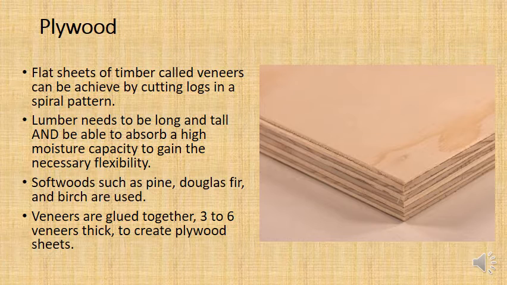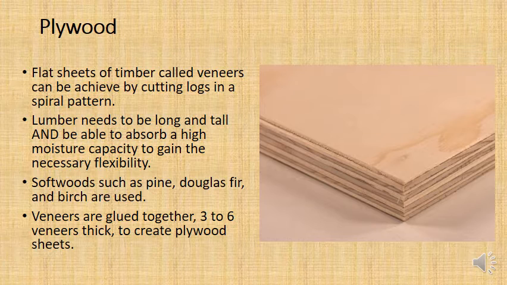Well, one of the most obvious ones, and you weren't thinking of this, is plywood. Plywood is basically very thin sheets of timber called veneers, where you put the big lumber through a giant pencil sharpener, which cuts the timber into long flat sheets.